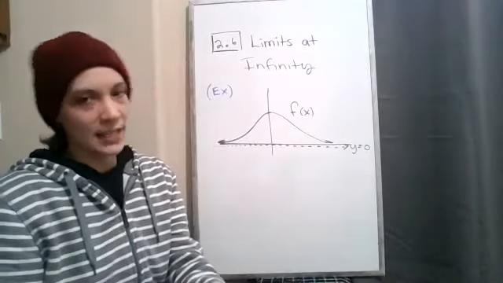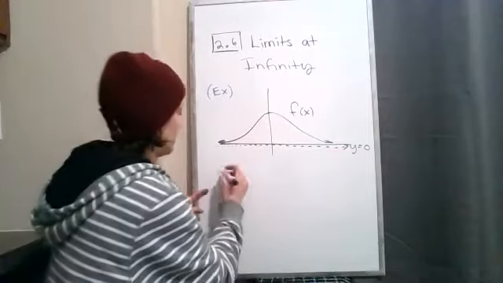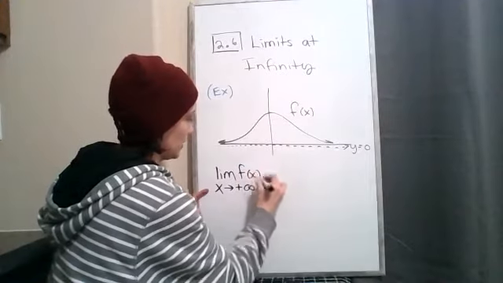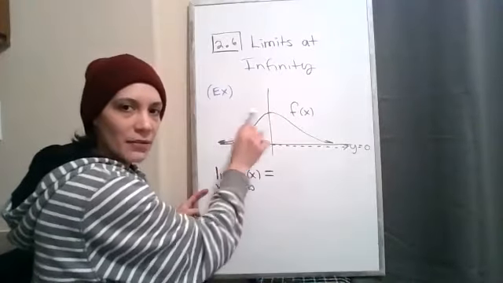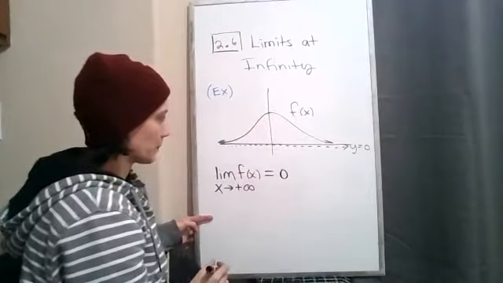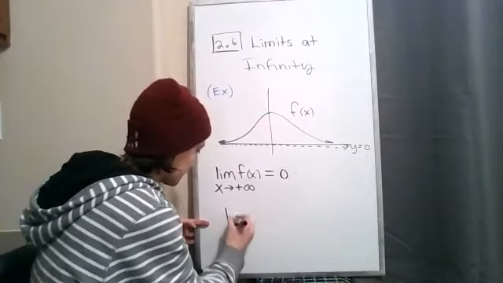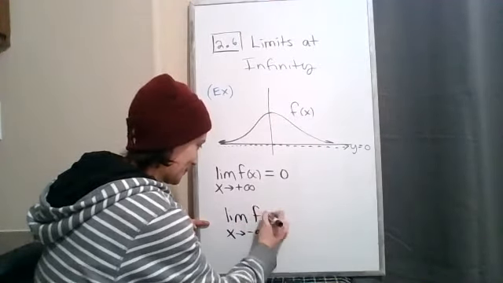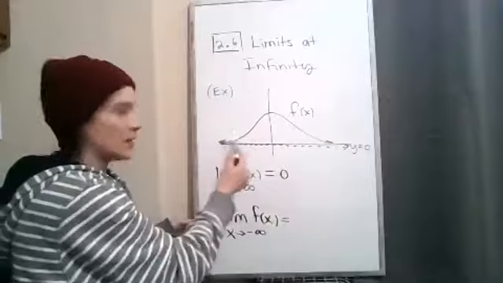Okay, we're going to write that the limit as x goes to infinity of f of x equals 0. So as your x values go to positive infinity, f of x values go towards an output of 0. Let's do the limit as x goes to negative infinity of f of x. Okay. So this time x is going this way, but your outputs are also going towards 0.